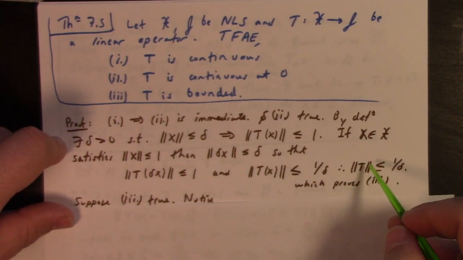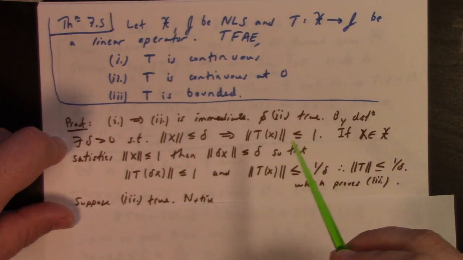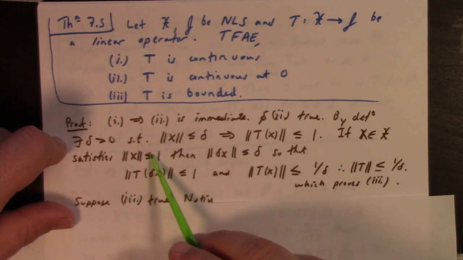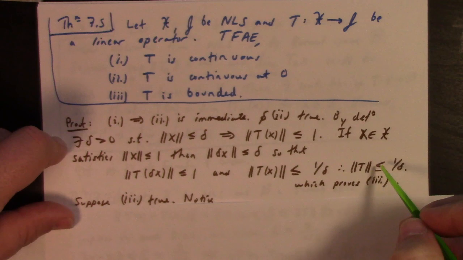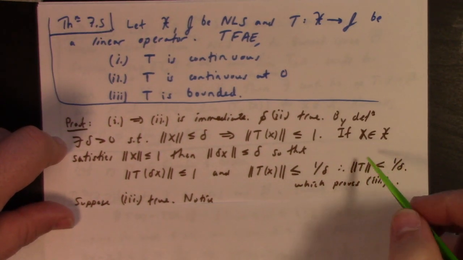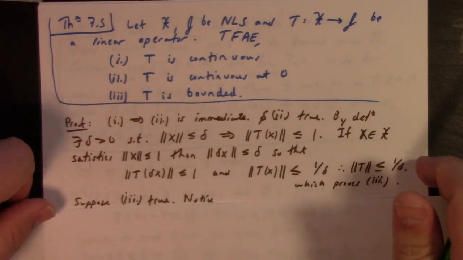Therefore, the norm of T is less than 1 over delta. Well, yes, because remember that the norm of T is the supremum over x from the closed unit ball, and giving an output of 1 over delta implies that the norm of T can be at most 1 over delta. And of course then 1 over delta serves as a bound for the norm of T, which is to say that T is bounded. All right.